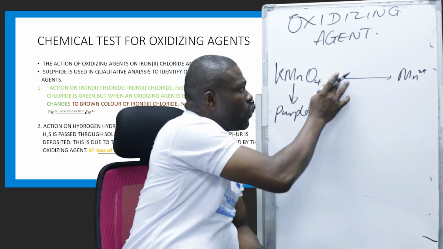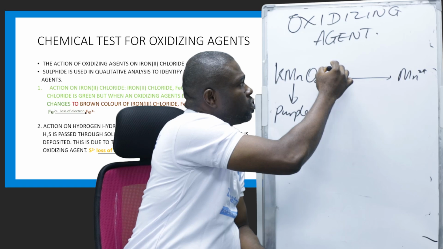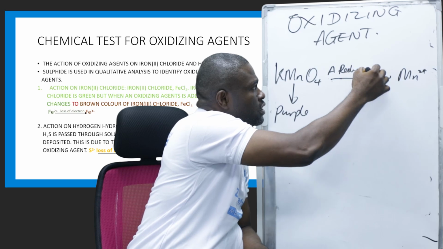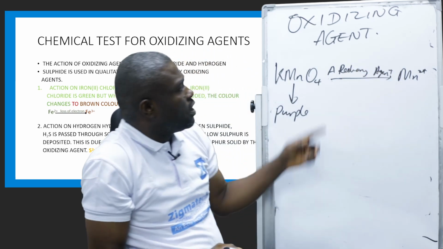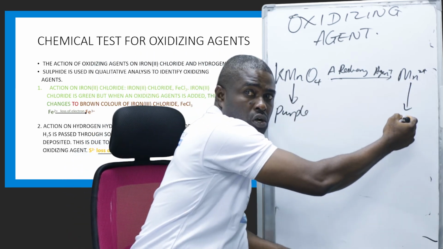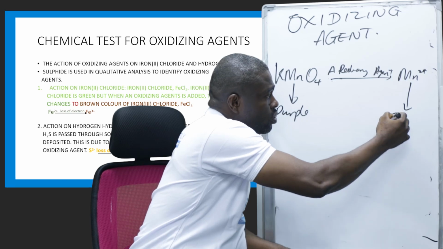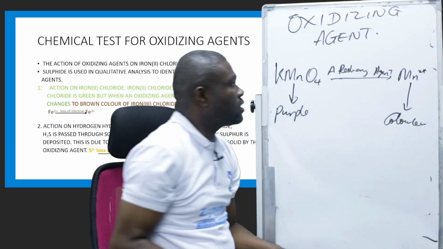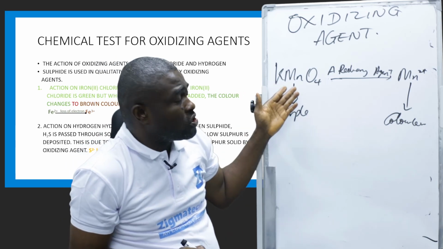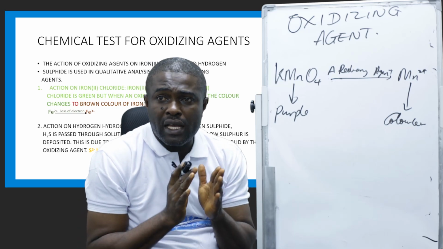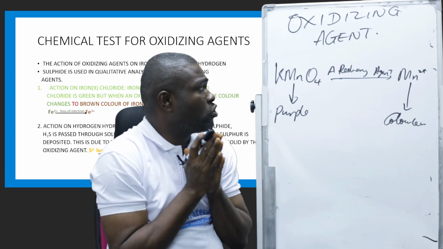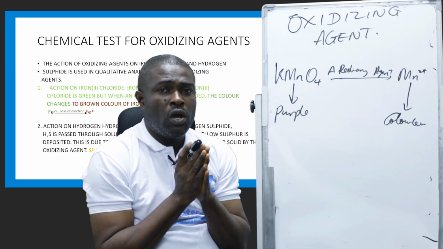So when you introduce a reducing agent, the reducing agent will cause the purple color to turn to colorless. That is how we test for a reducing agent. The acidified potassium tetraoxomanganate 7 is purple, and if you introduce a reducing agent, it goes to colorless.